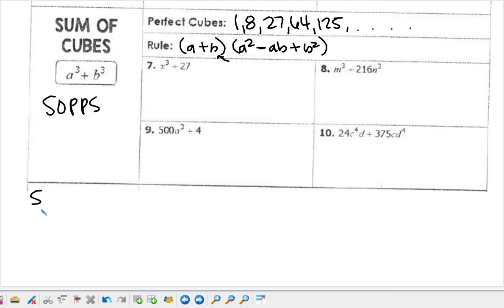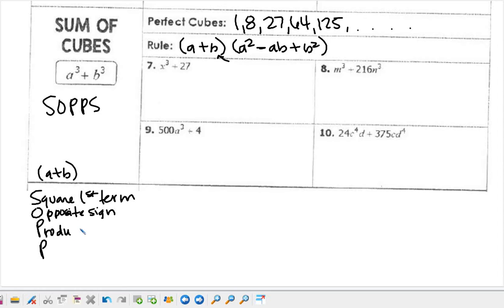Okay, so SOPS stands for square first term, and that's of your A plus B term, or A minus B. We'll do difference of cubes in just a second. Square the first term, opposite sign, product of the two things, and plus the square of the second term. Okay?